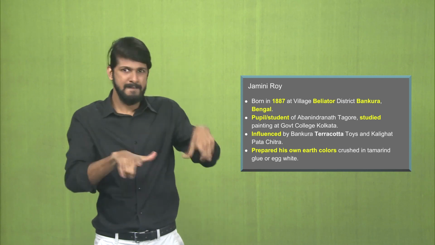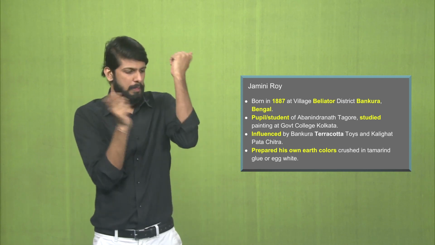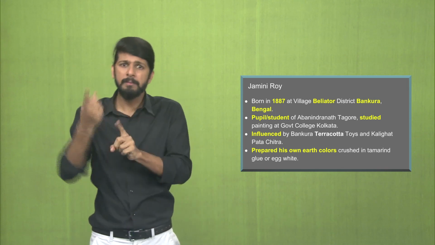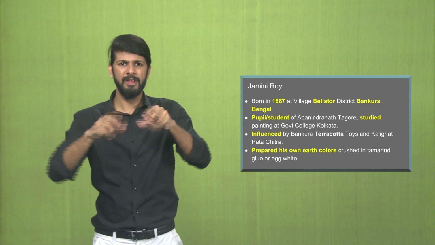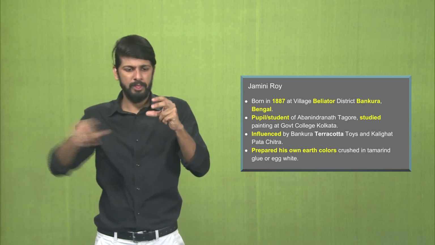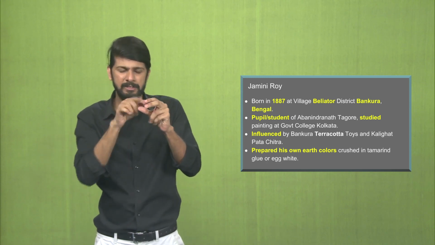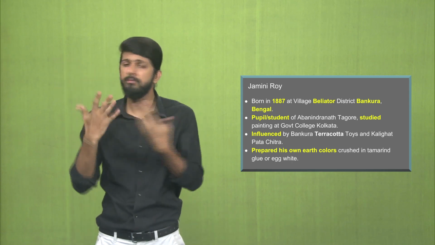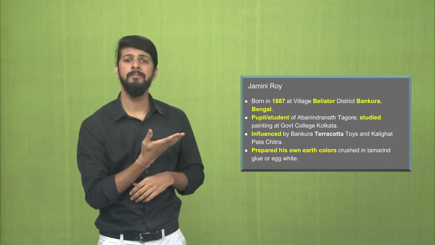So, if you cut the bark of the tamarind tree a little, there is secretion of a kind of glue which he would use, or he would use egg white as a binding product for the pigments of the earth colors which he would make himself. And this was the time when colors were not readily available, and he would prepare his own colors.